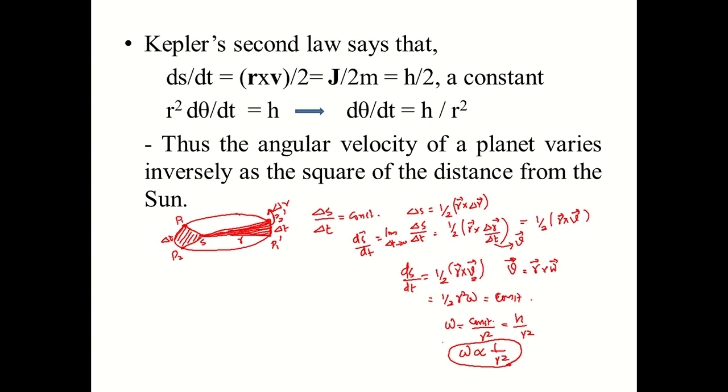That's why the second law gives the speed of the planet. So that is another thing which we can draw from Kepler's second law of planetary motion. Now we have to discuss some of the consequences of Kepler's second law, which we will discuss in the next video. Thank you.